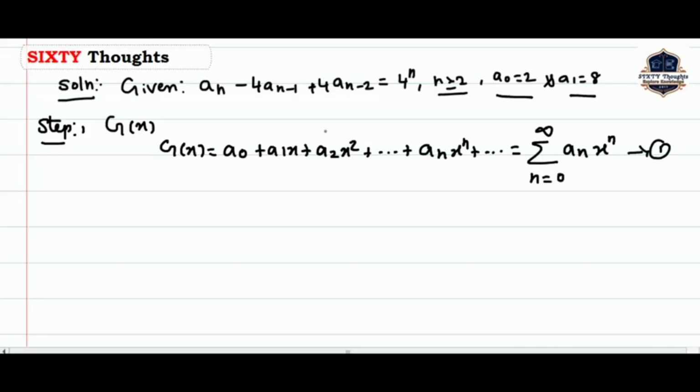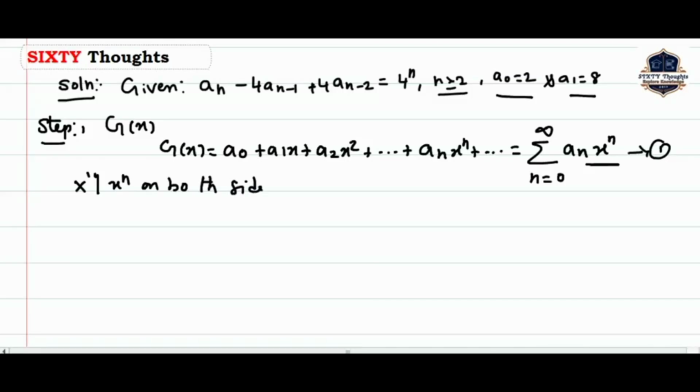Here the generating function is of the form a_n x^n. But in the given relation we have a_{n-1}, a_{n-2}. So I am going to convert this recurrence relation into g of x format. We multiply by x^n on both sides in the given equation.